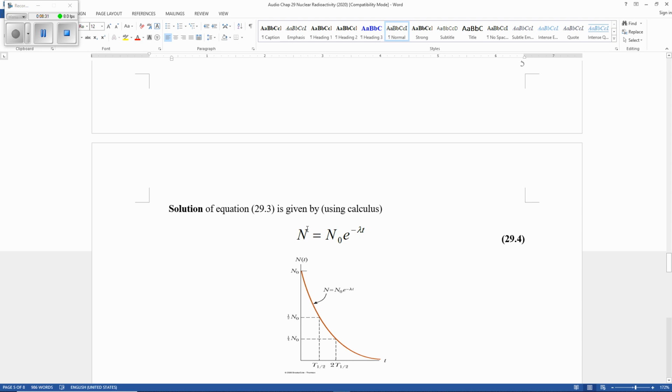Initially, when time equals 0, you have this many. Then the number decreases as time goes on. So this is exponential of negative lambda t. Lambda is the decay constant, and t here is the time. When time goes on, you can see the number change. Initially, you have N sub 0, that's this number. Then the number changes with time. When time goes on, it decreases.